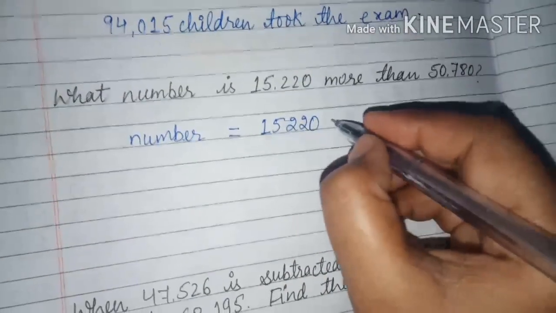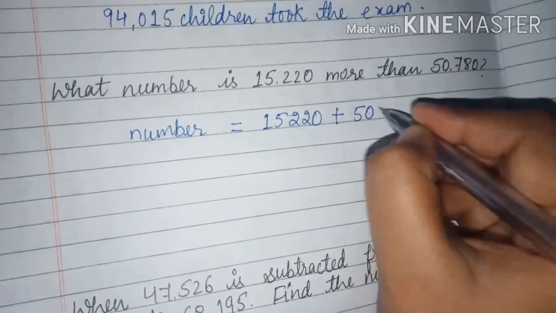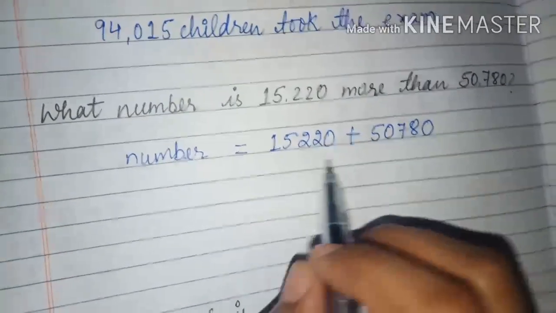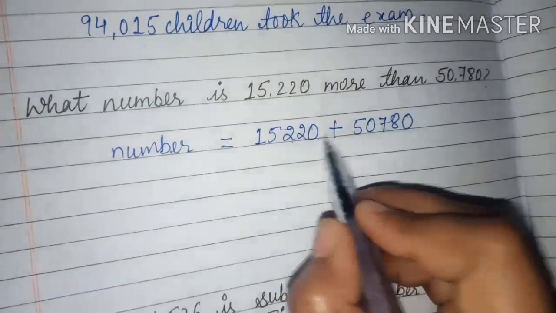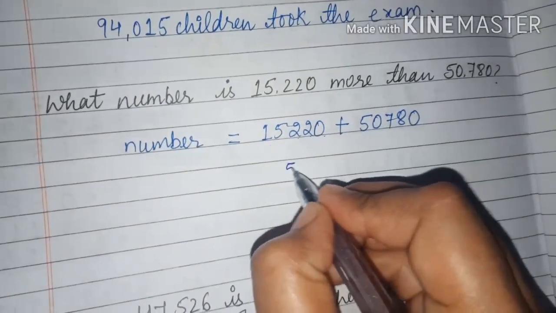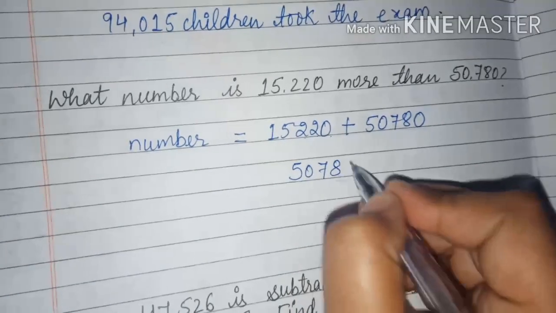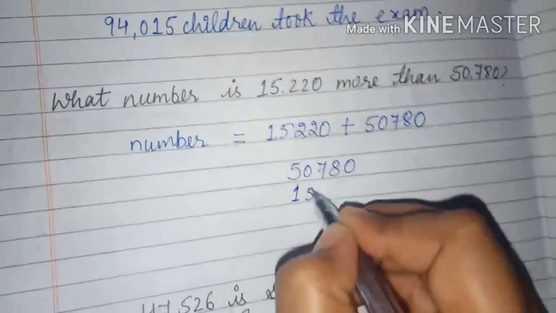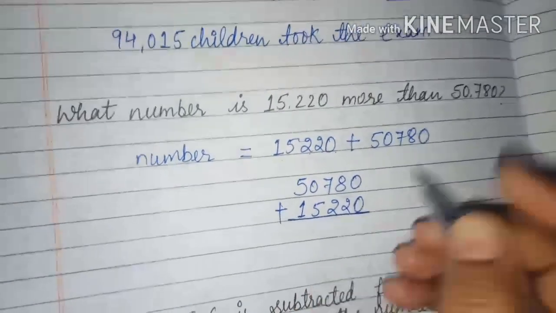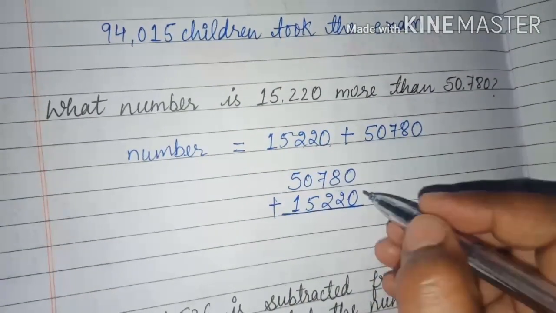More than का मतलब होता है plus 50,780. That means आपको एक ऐसा नंबर फाइंड आउट करना है जो कि 15,220 ज़्यादा है 50,780 से. तो what we will do, we will add the numbers. You can write any of the numbers on the first place and the other on the second place.